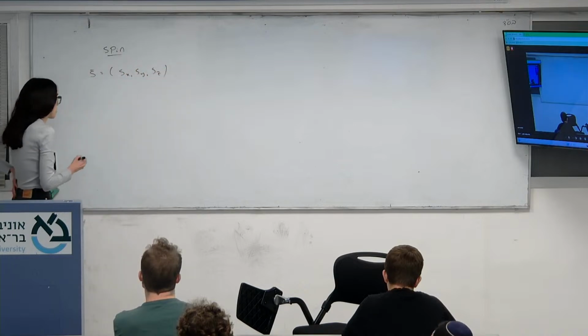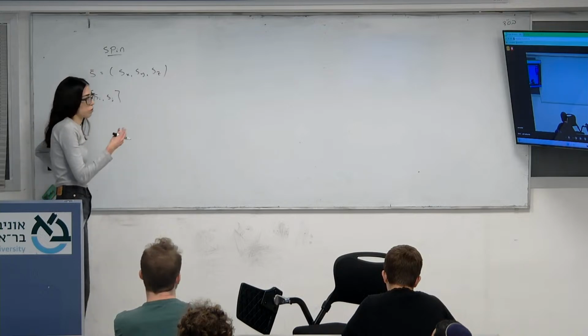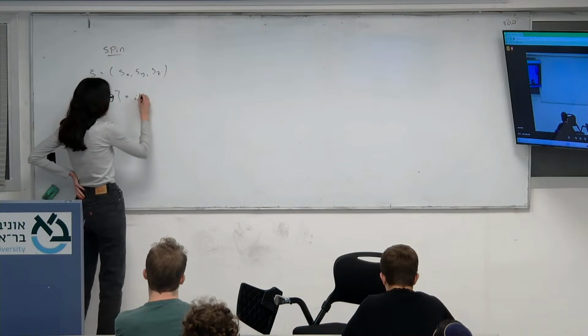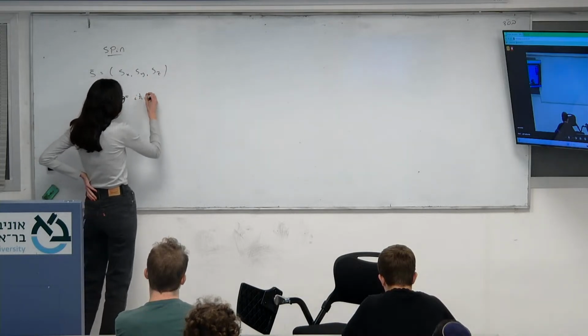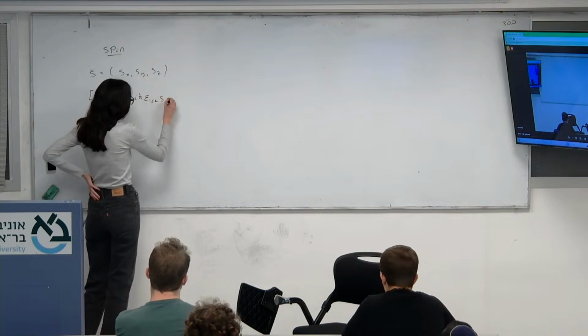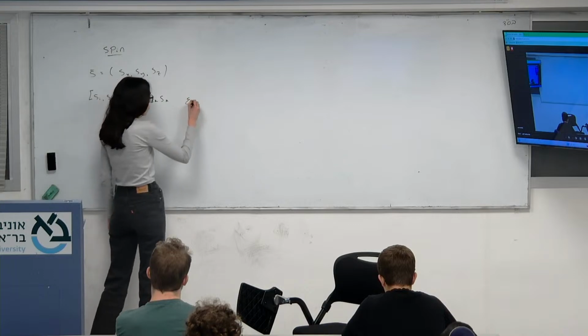We have commutation relations between the different components: the commutator of S_i and S_j is i h bar epsilon_ijk S_k, where this is the Levi-Civita symbol.